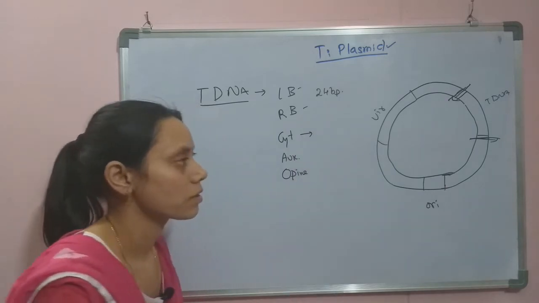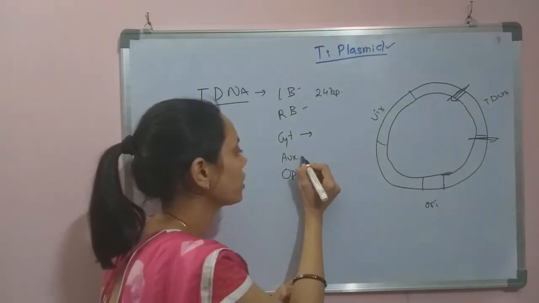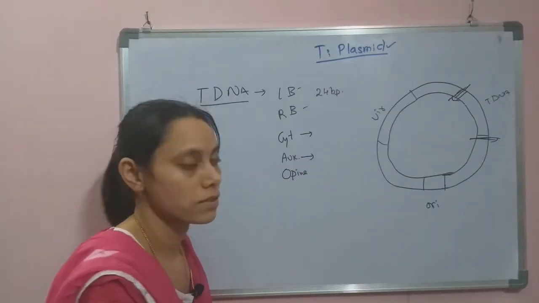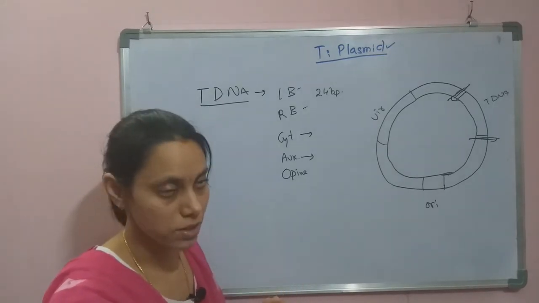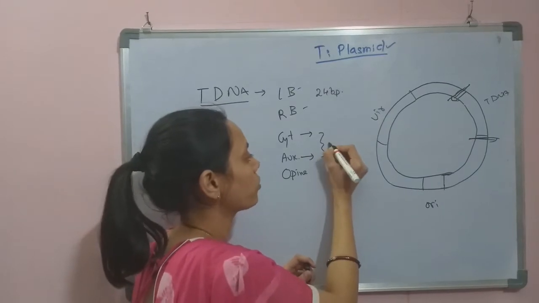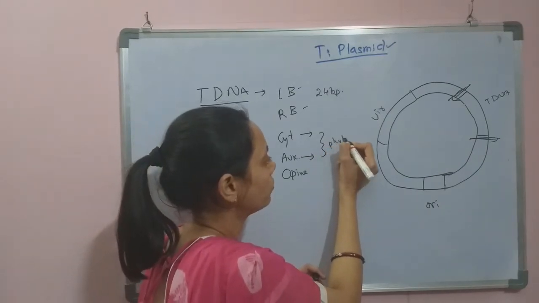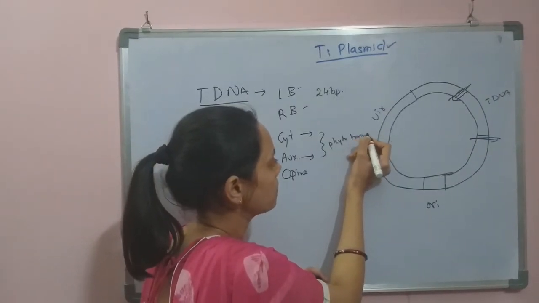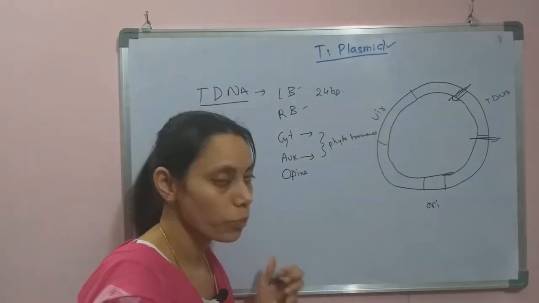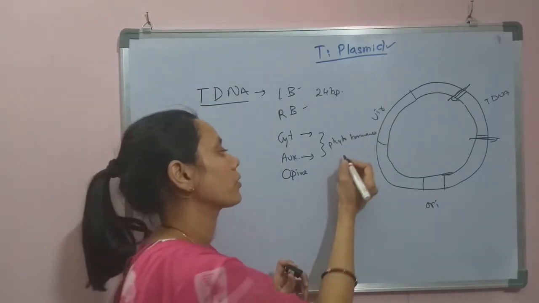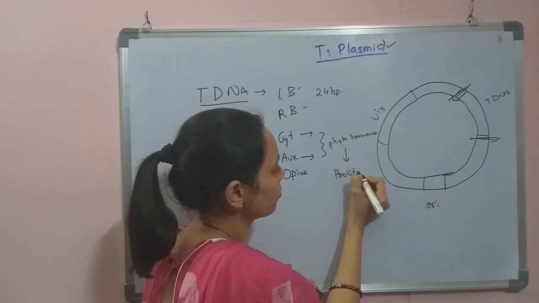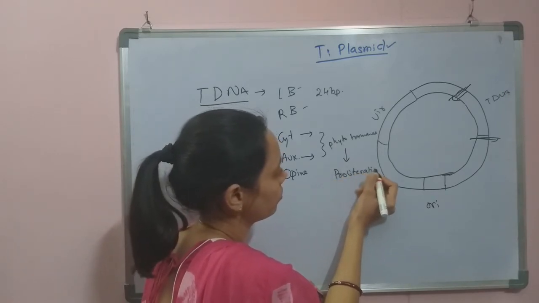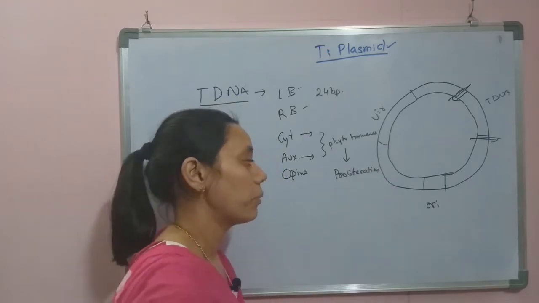the cytokinin synthesis and auxin synthesis genes are responsible for the production of cytokinins and auxins. These two phytohormones are responsible for proliferation in the plant cells.